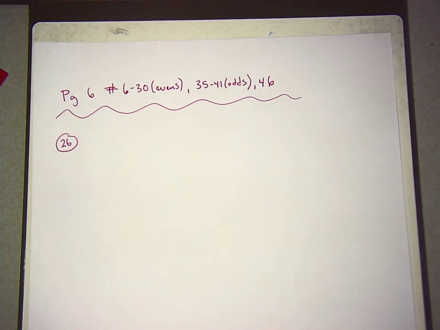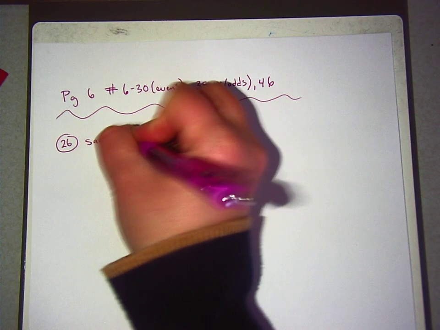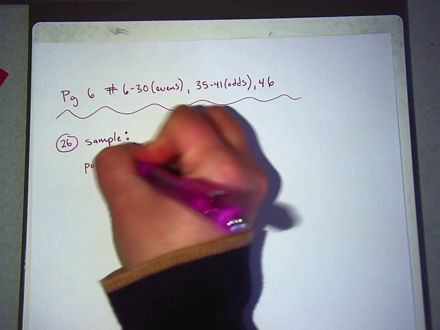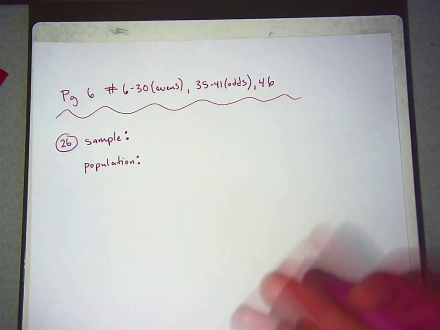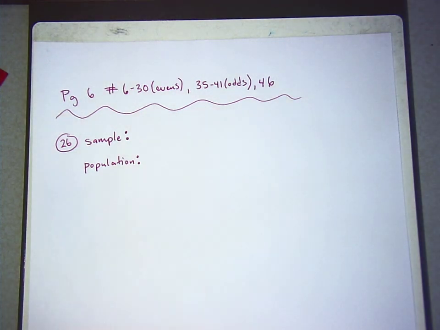Okay, so what's the sample? What's the population? When you're thinking about the sample and the population, you're not thinking about the people, which is what we want to think about, right? We want to think about who they asked. You want to think about the data they collected.